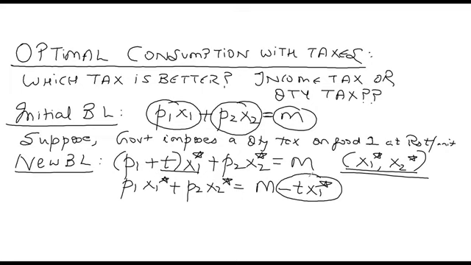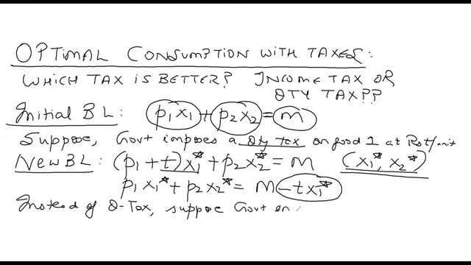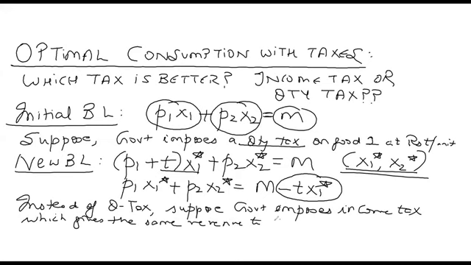Now suppose this was the quantity tax. Instead of the quantity tax, suppose the government imposes an income tax which gives the same revenue to the government.